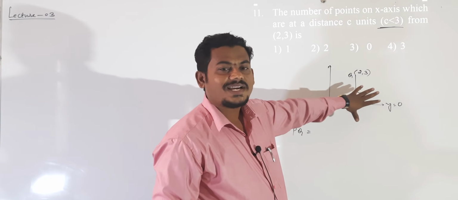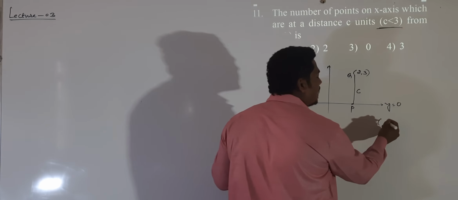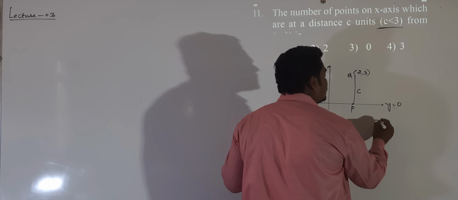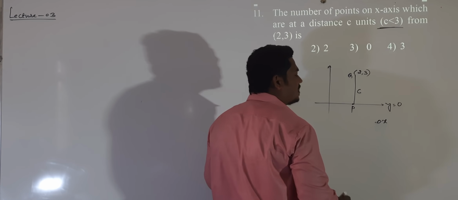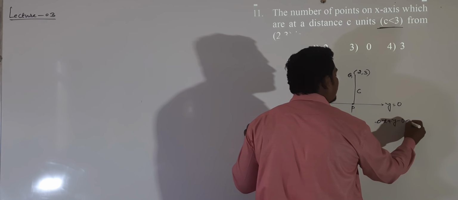Write it in the form of ax plus by plus c equal to 0, right? In this case the x term is not there, means its coefficient is 0. 0 into x plus y minus 0 equal to 0.